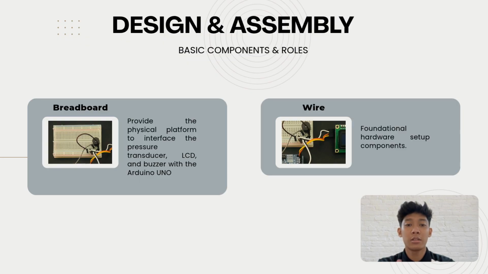Next, the wires are used to establish the electrical connections between all components, ensuring proper signal transmission and power distribution throughout the system. These components form the basic hardware setup required for the operation of the pressure monitoring system of the project.